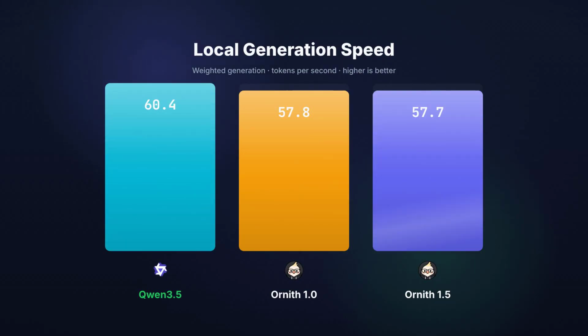Qwen holds a 4.71% advantage over the new Ornith, which translated into 46.6 seconds generating the recorded output instead of 48.8.